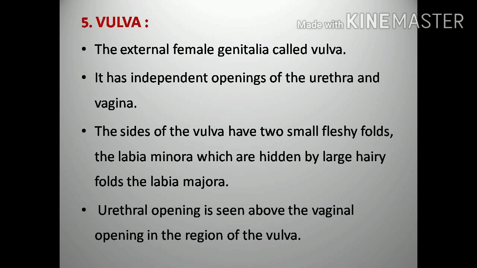These folds are equivalents of the male scrotum. In the uppermost angle of the vulva, in front of the urethral opening, is located a small erectile clitoris, which is highly sensitive and is the equivalent of the male penis.